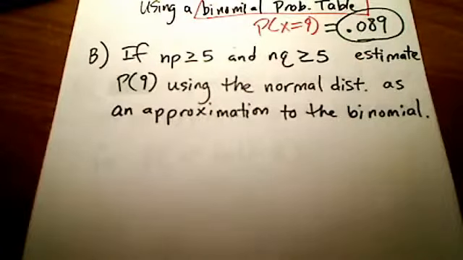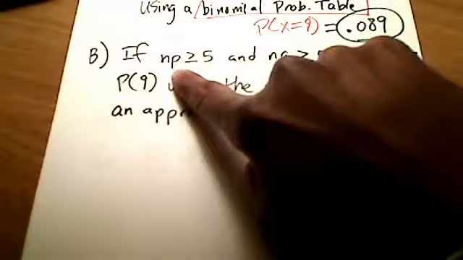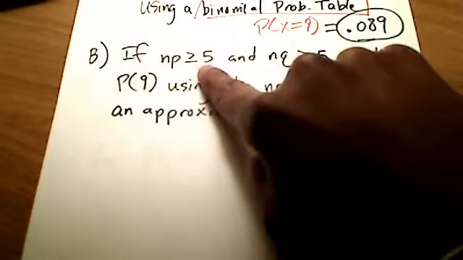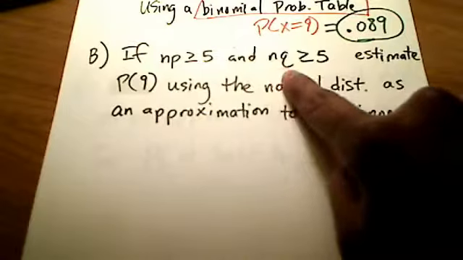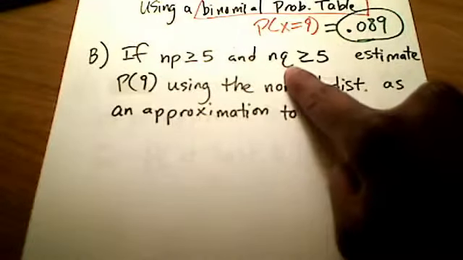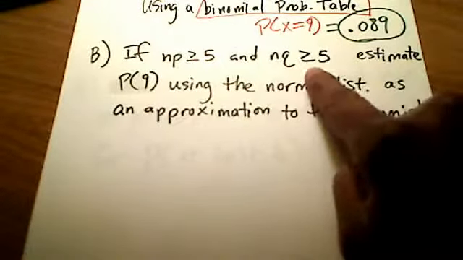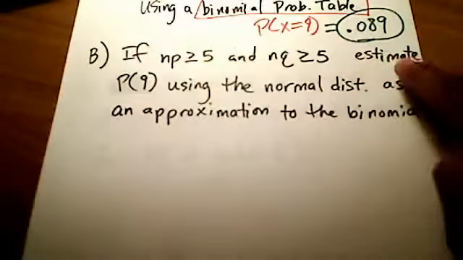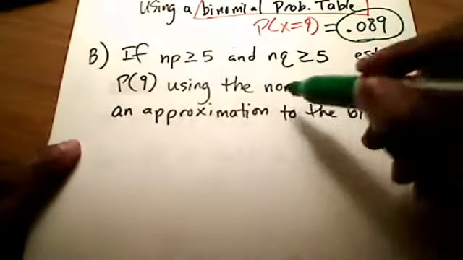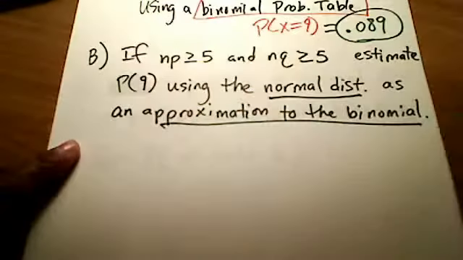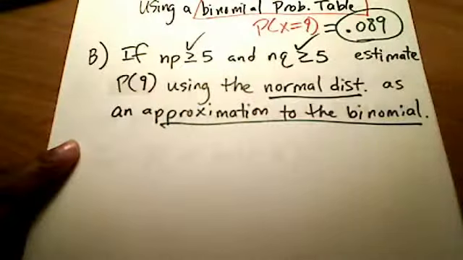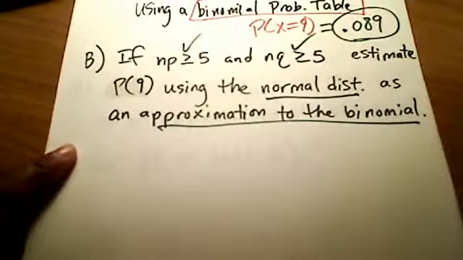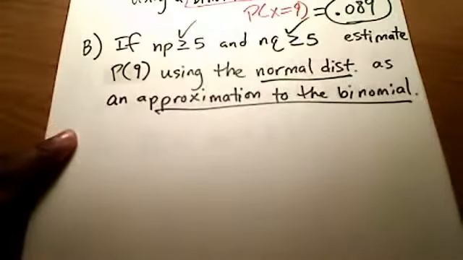The second part says, if the product n times p is greater than or equal to 5, and the product n times q, the number of trials times the probability of failure, is also greater than or equal to 5, then I can use the normal distribution to approximate the binomial. So let's check these two things first, and if they both check out, then I'll proceed. But you're going to see something that goes awry here. It doesn't quite work for us.